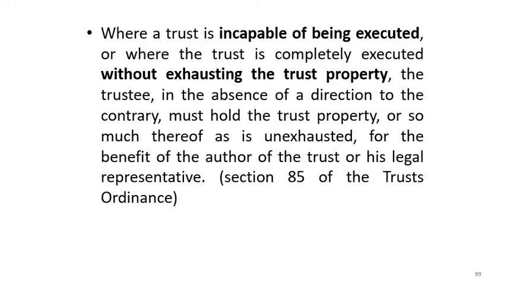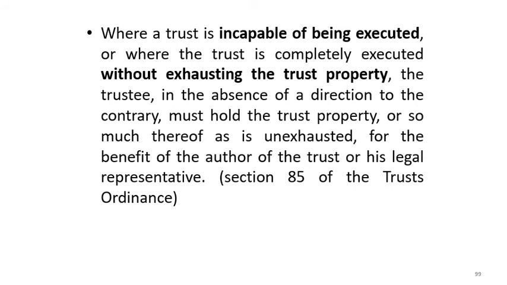Now we will see section 85 of the Trusts Ordinance. The trust is incapable of being executed. We have already seen this one, to some extent, in the unlawful trust, but here we will see it as a resulting trust.